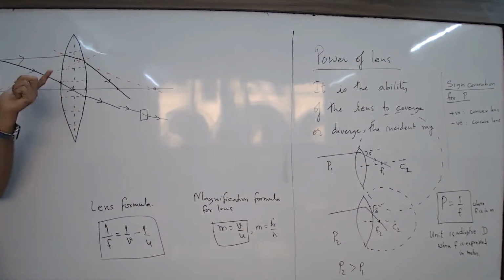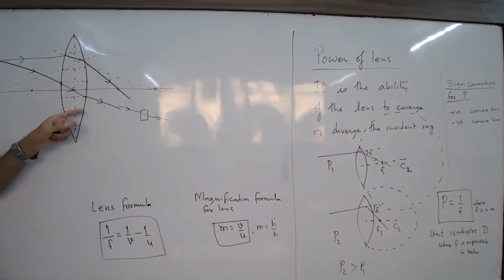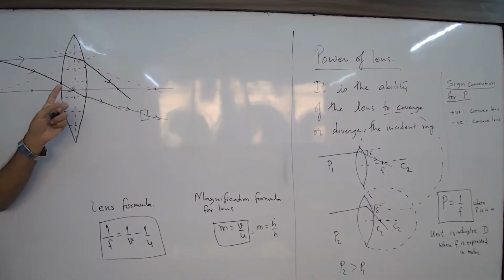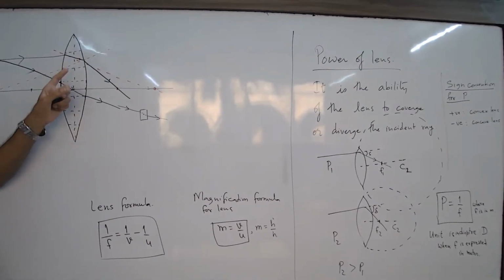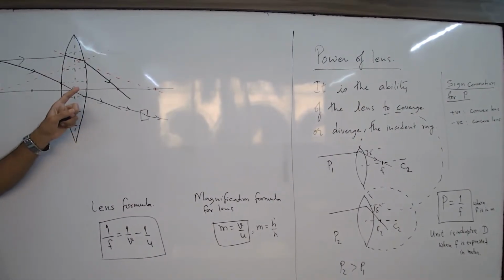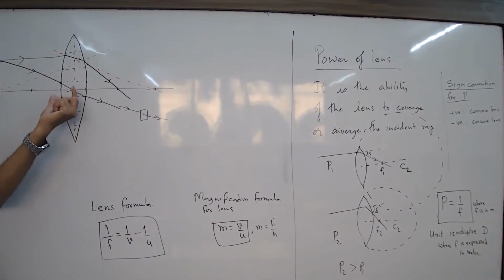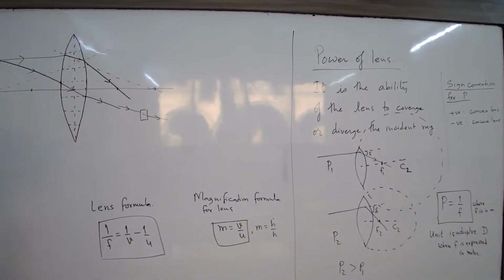We don't show the bending at two places, as this much detail is not expected. Everybody understood the fundamental? That's why if a ray passes through the optical center, it is assumed straight, because the middle part is taken as a rectangular glass slab.